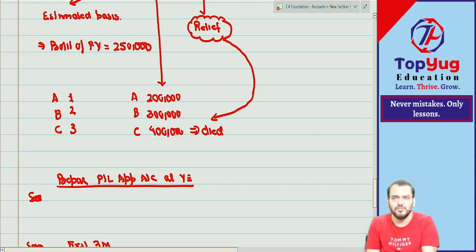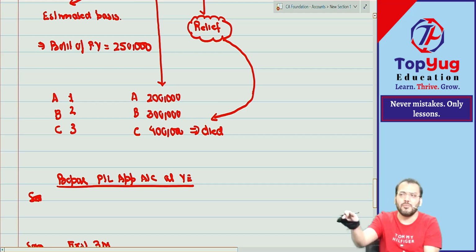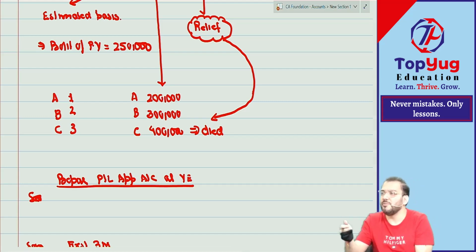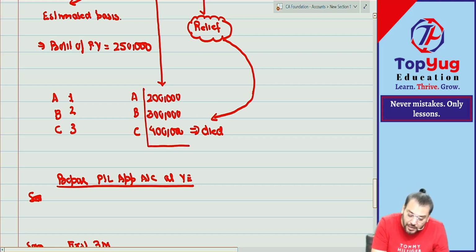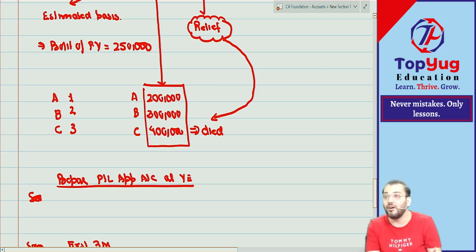Correct also. Now he is not a partner, na. Now whatever relief you are giving, he is not a partner. So whatever amount he has invested, he should get sharing profit on that ratio. Are you getting what I am saying? It will be in the ratio of capital outstanding on the date of event. So now the ratio becomes 2 is to 3 is to 4.